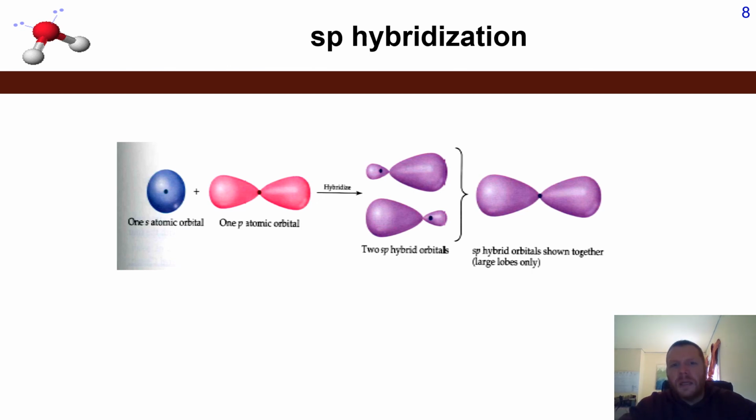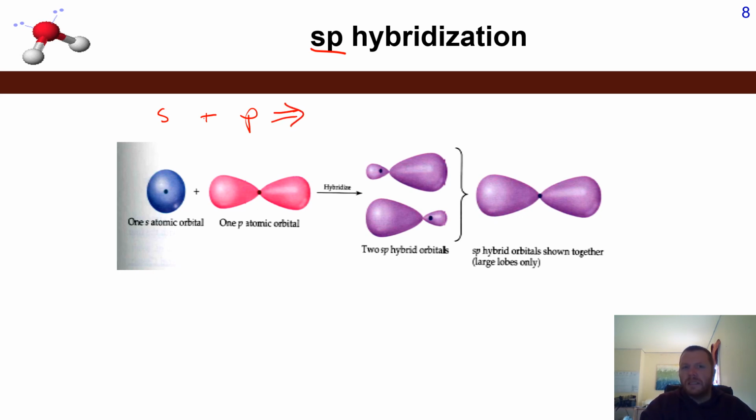Now we're going to go into this a little bit more and do some examples in our next video, but keep in mind, when you do some of the math to say, well, what is an sp hybrid orbital, that means you are taking an s orbital and a p orbital. And that's the whole thing.